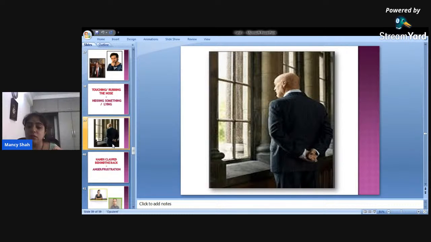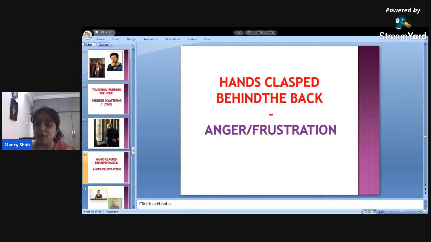Now, what is this? Hands clasped behind the back. It shows anger, it shows frustration. So be careful next time when you're talking to a person, you cannot be keeping your hands clasped behind. It is preferred that you keep your hands open, both hands open.